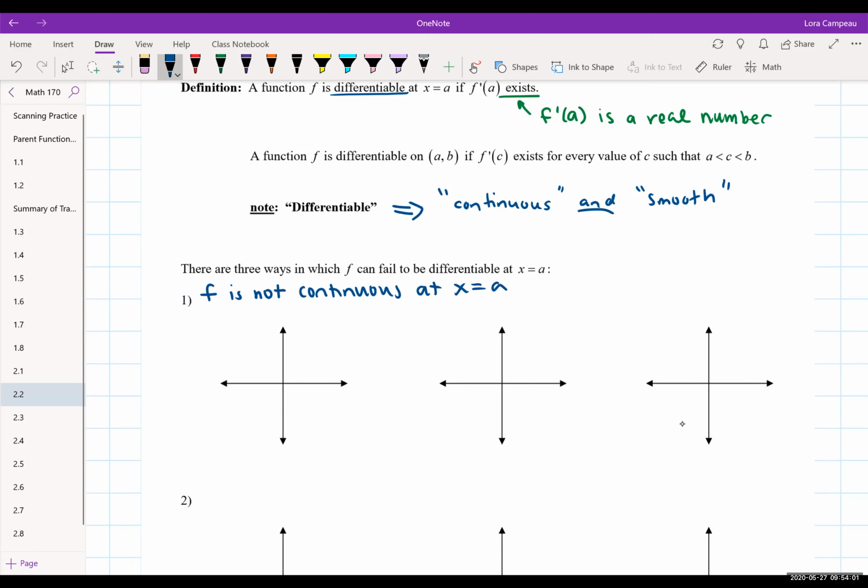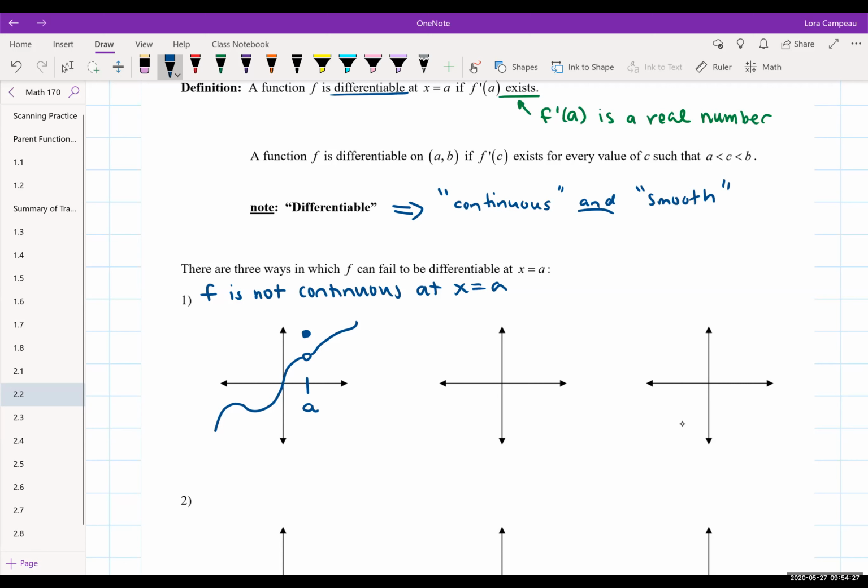So I'll draw a few examples so we can see. We've seen some of these in our previous problems before when we were dealing with continuity. Sometimes we have a nice function, it's smooth everywhere, but there's a hole and then there's a point where it jumps to. So that could be an example.